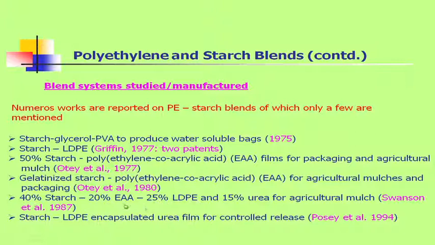So, LDP, ethylene acrylic acid copolymer and starch, 40, 20, 25, 15%, along with 50% urea, which is a fertilizer also included in this film, which gives some slow release fertilizer action as well as degradation. This is for agricultural purposes. Starch LDP encapsulated urea film was also used as control release fertilizer film for agricultural applications.